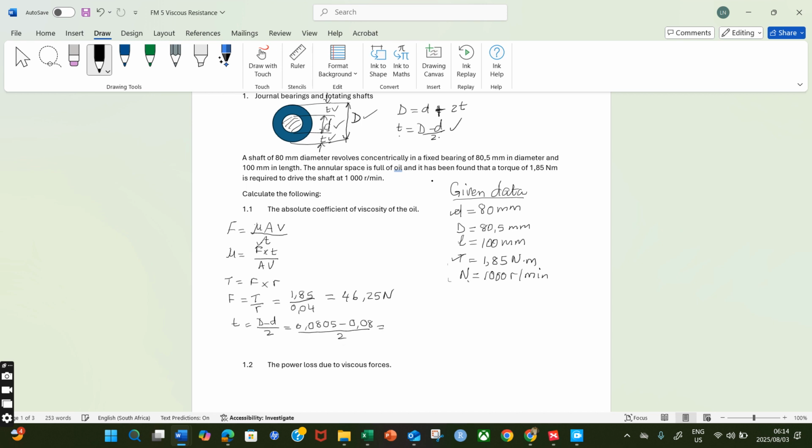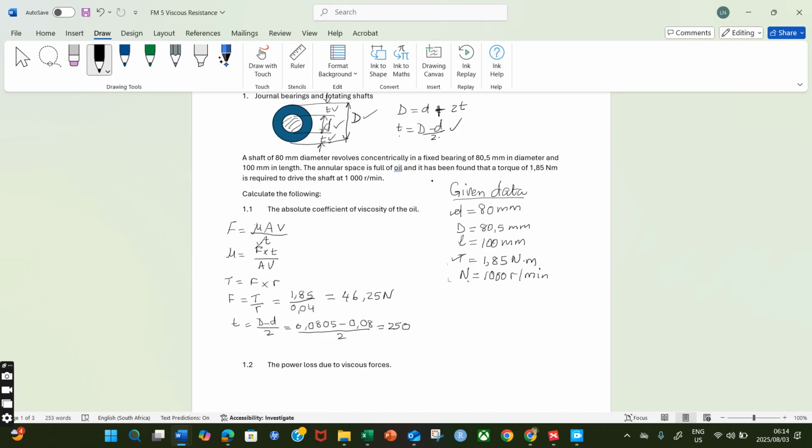Make sure you don't round off here, because if you round off, you're going to miss your answer by a certain margin. Because we are dealing with tight tolerances here, I always advise that you write your answer in engineering notation.